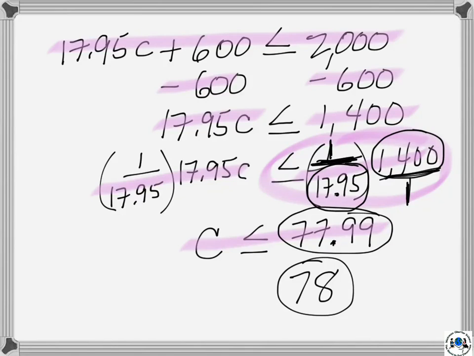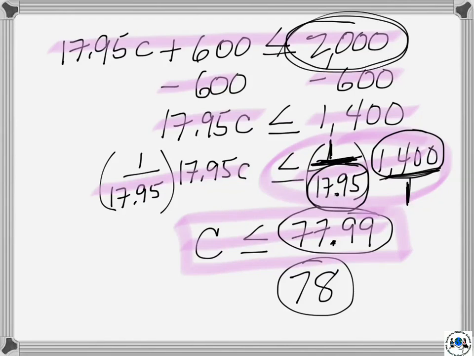Yes or no? 78 campers. Because our inequality solves out to be that campers have to be less than or equal to 77.99. So if we are very strict to their budget of $2,000 only, it looks like 78 is not going to work.